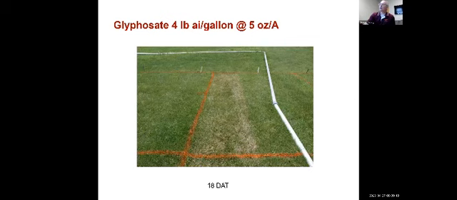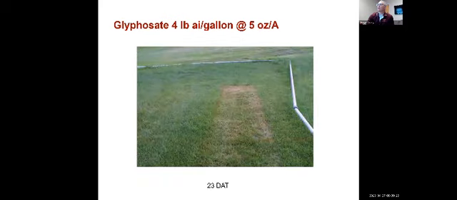And so again, here we're dealing with 50% discoloration in the form of necrotic leaf blades, yellow leaf blades, etc. And at 23 days after treatment, again, most of that turf is shut down. Now, unfortunately, we're continuing to mow the surrounding turf, so you really can't see, but we're almost a month in here, and obviously there's absolutely no growth.